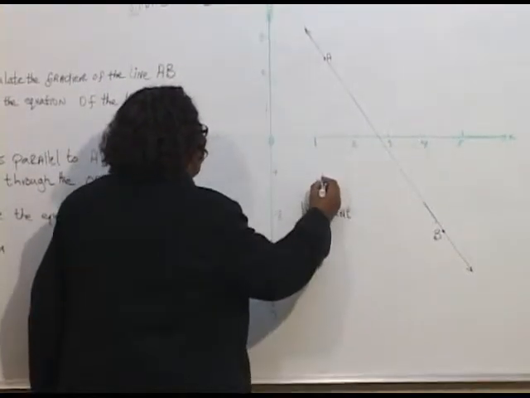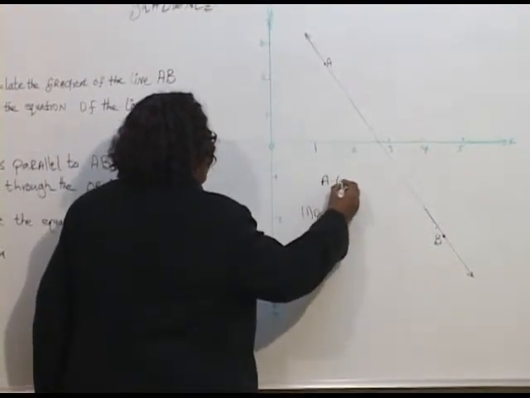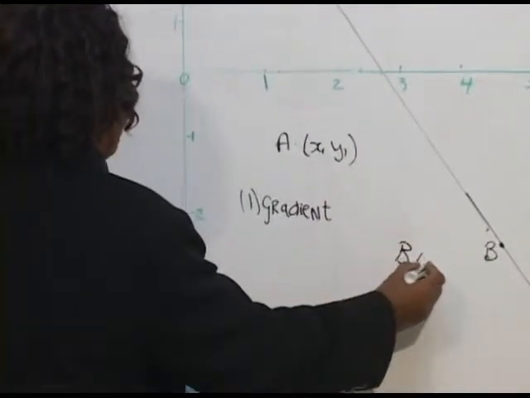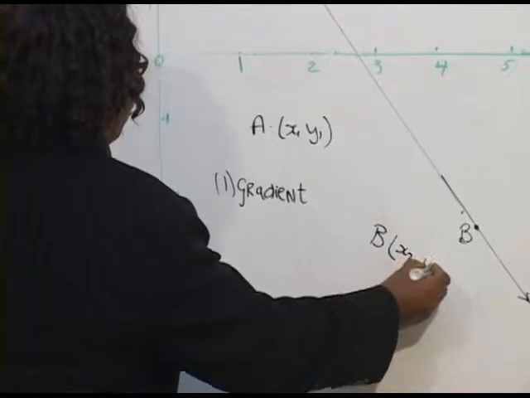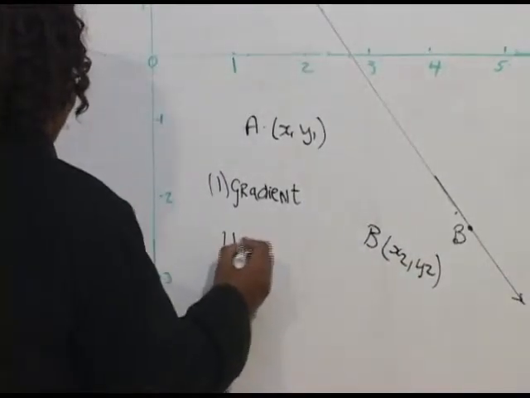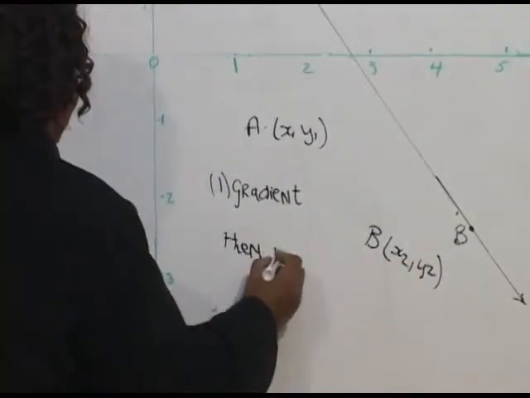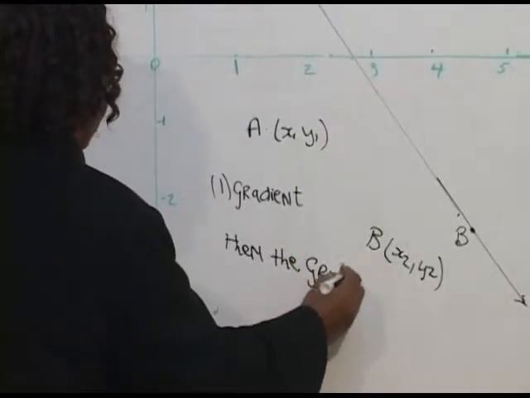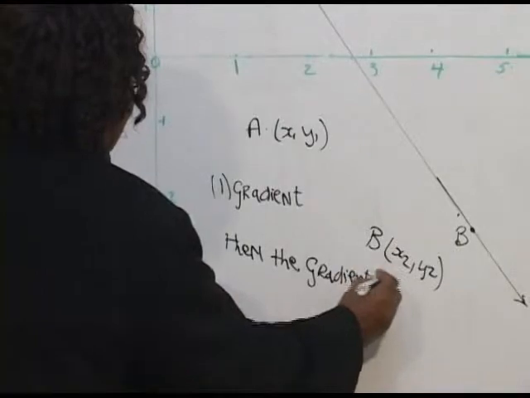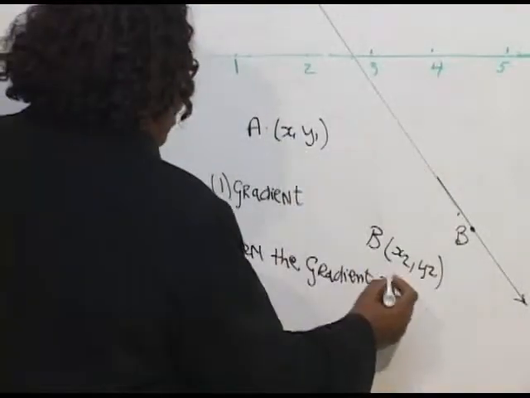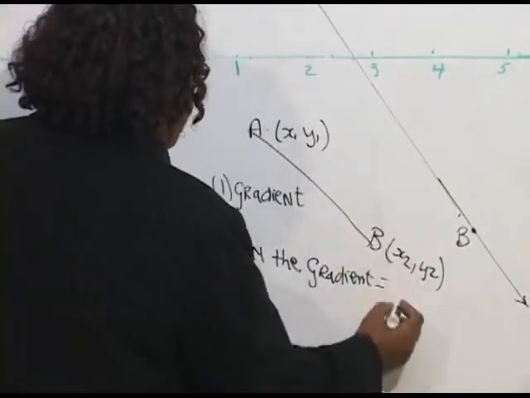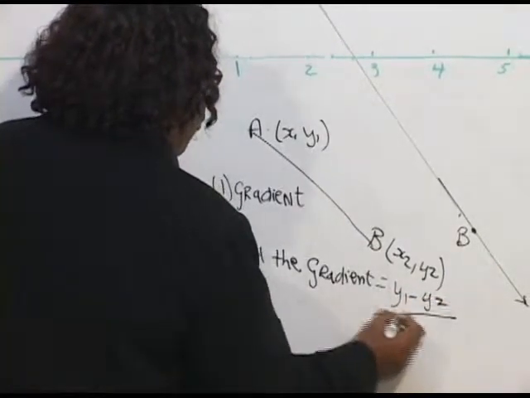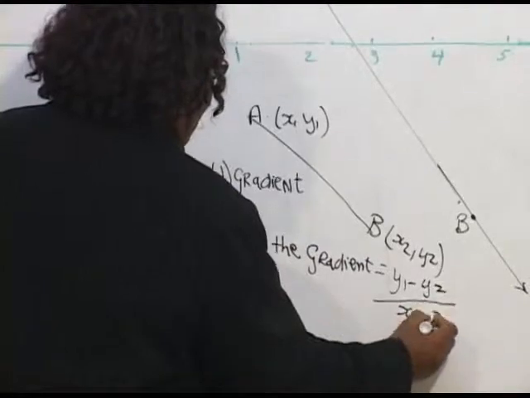If we have 2 points, A, which is x1, y1, B, x2, y2, then the gradient is equal to, and we can start, because it's a straight line, y1 minus y2 over x1 minus x2.